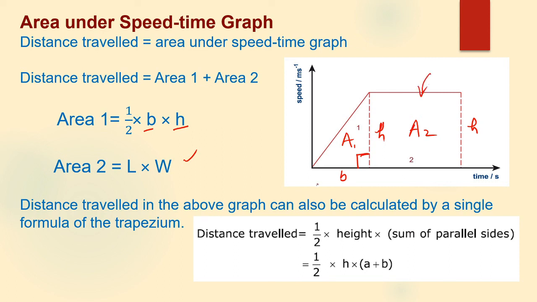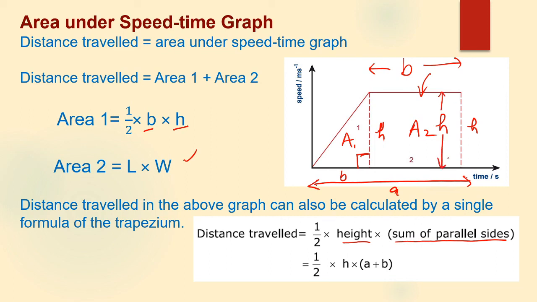In a trapezium, we have one parallel side and we have the second parallel side. So if we say this side is a and the other is b, we can use the formula half times height times the sum of parallel sides. So half times height, actually we take the vertical height in this case, and the sum of the parallel sides a plus b.